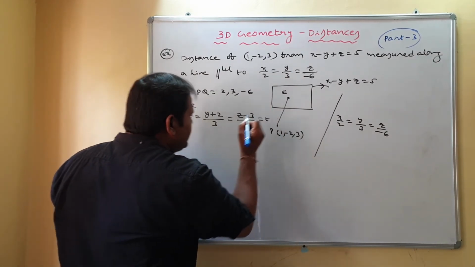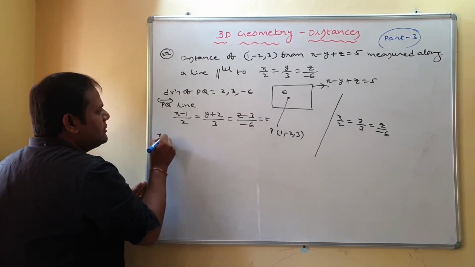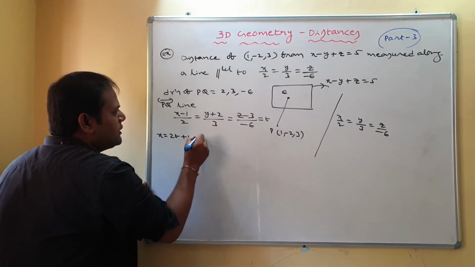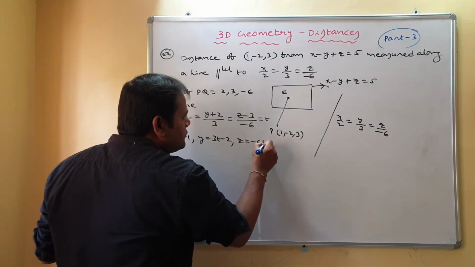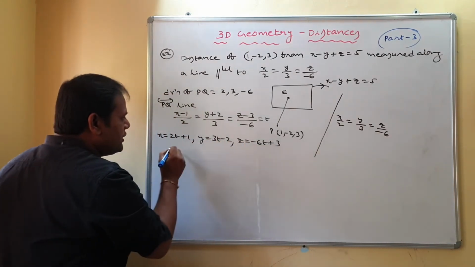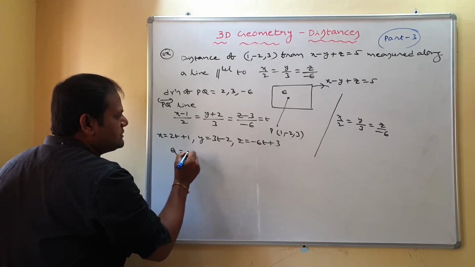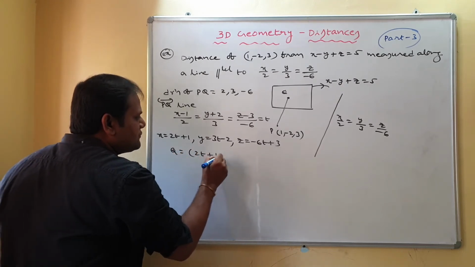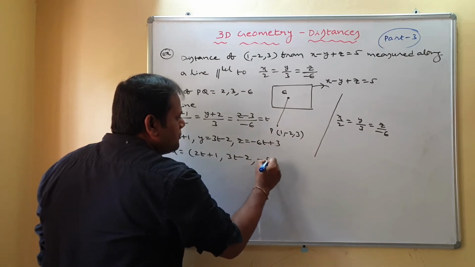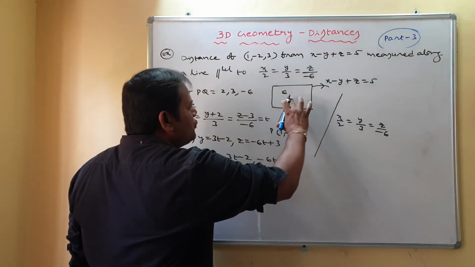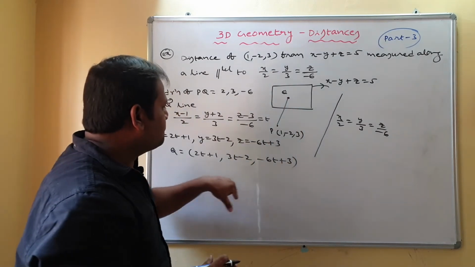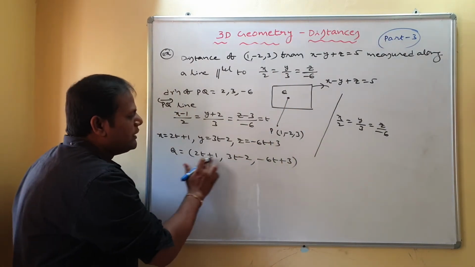We equate this to t. So here you get x equal to 2t plus 1, y equal to 3t minus 2, and z equal to minus 6t plus 3. So we got the point Q: 2t plus 1, 3t minus 2, minus 6t plus 3. Now you have to find the length PQ, but before that we have to find the t value.